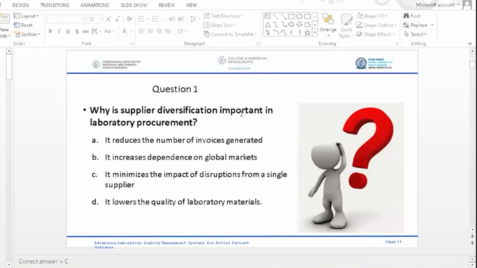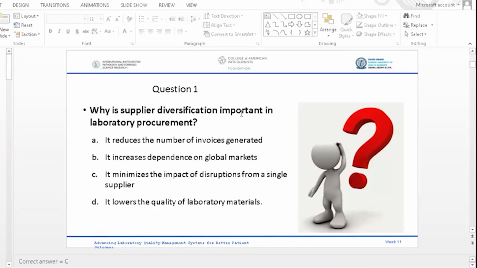Question 1. Why is supplier diversification important in laboratory procurement? Option A, it reduces the number of invoices generated. Actually, this is a pre-webinar, pre-test questionnaire. We will go through this question, and after the whole discussion, we'll be able to know if we can answer it.